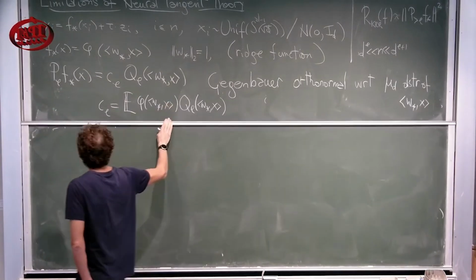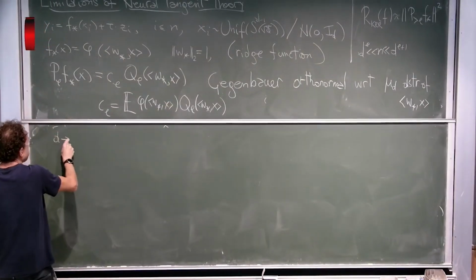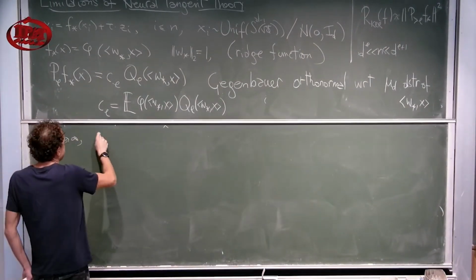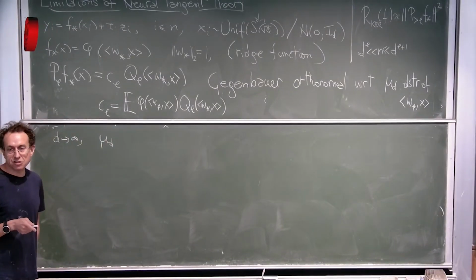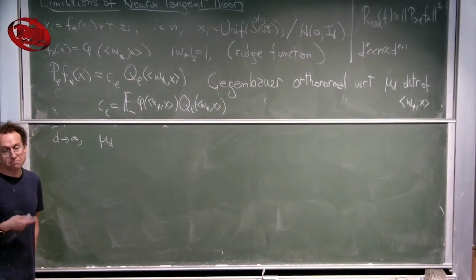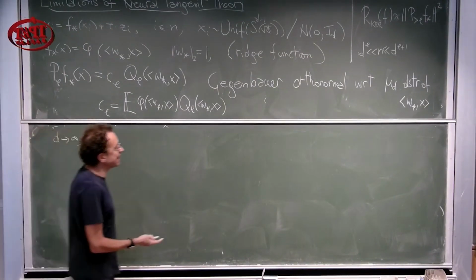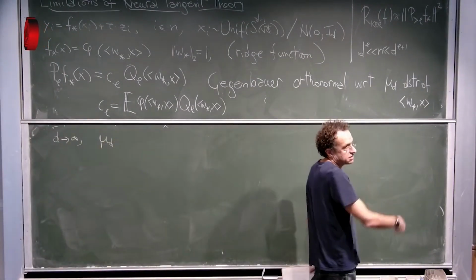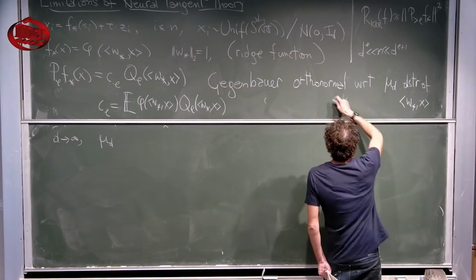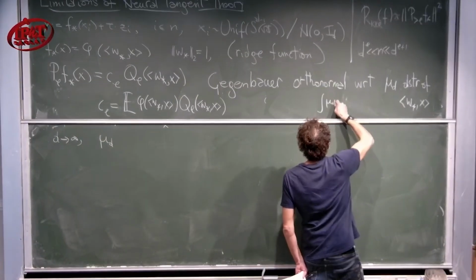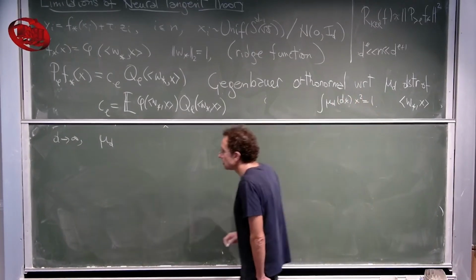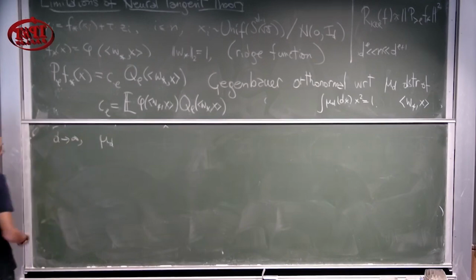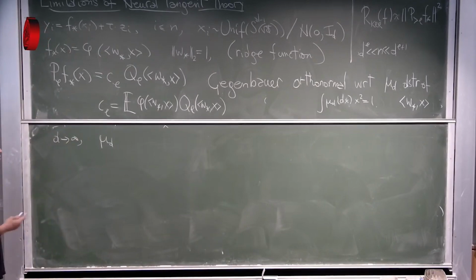As d goes to infinity, look at this measure mu d, a one-dimensional projection of the sphere in d dimensions. The normalization is such that this has variance 1, because the sphere has radius square root of d. The second moment of mu d is 1. You know that as d goes to infinity, a one-dimensional projection of a uniform distribution on a sphere converges to a Gaussian.